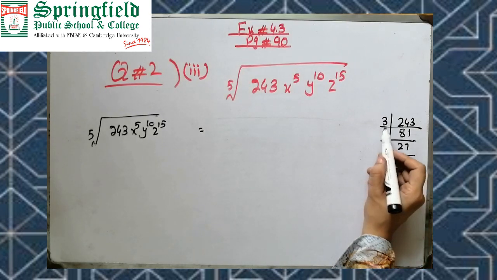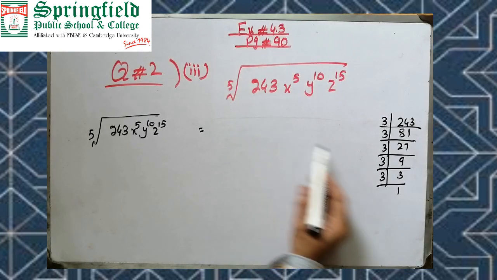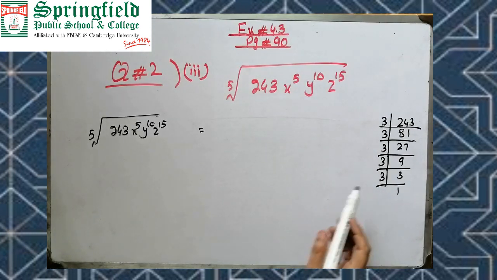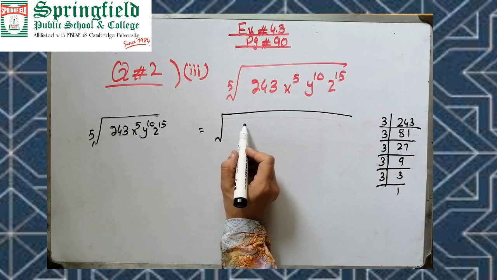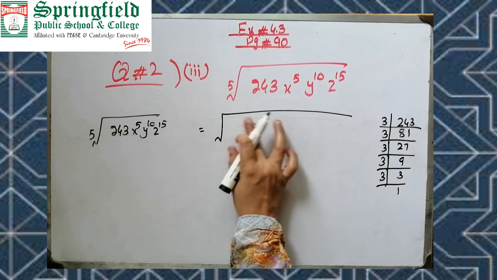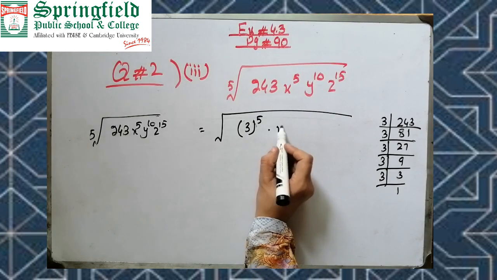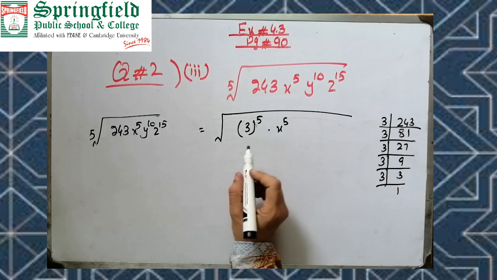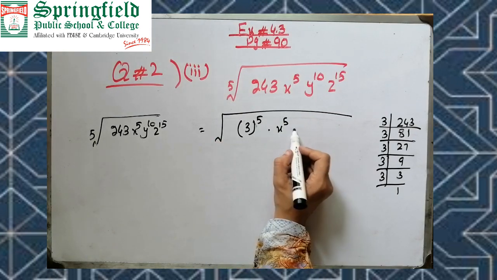So 1 2 3 4 5. Here we are talking about the fifth root. It means we will make the power 5 of the factor. So 243 can be written as 3 power 5. And then x power 5 will remain the same because here we are doing the fifth root.